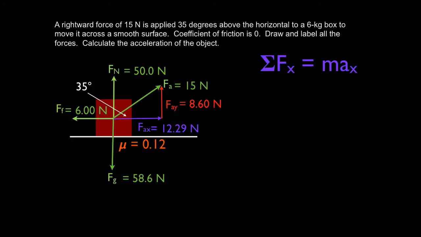We know it's moving in the x direction, so we have the sum of the forces in the x direction is equal to the mass times the acceleration in the x direction. That means that the acceleration in the x direction is equal to the sum of the forces in the x direction divided by the actual mass of the object. And the sum of the forces acting in the x direction are simply Fax and Ff.